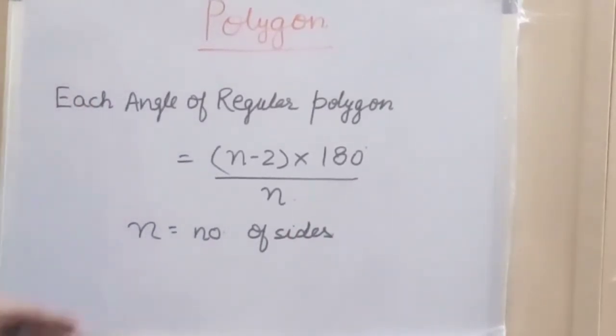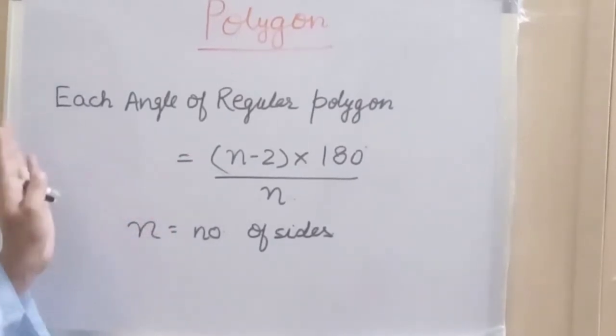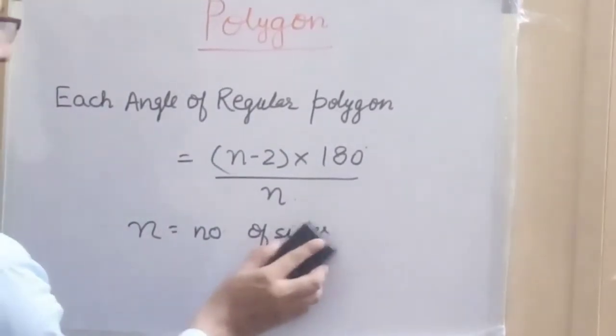So in this way we can find each angle of a regular polygon. Since all the angles will be equal, depending upon the number of sides, we can find the angle of regular polygons such as triangle, square, pentagon and hexagon.